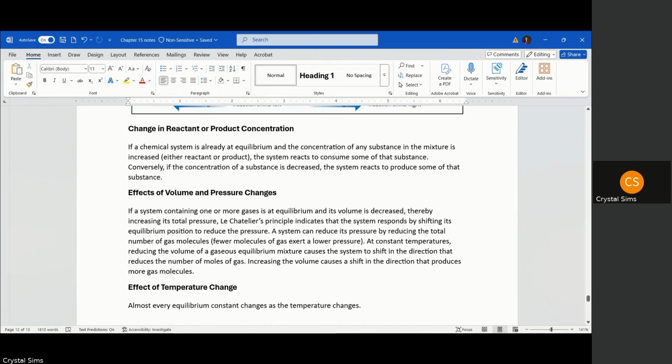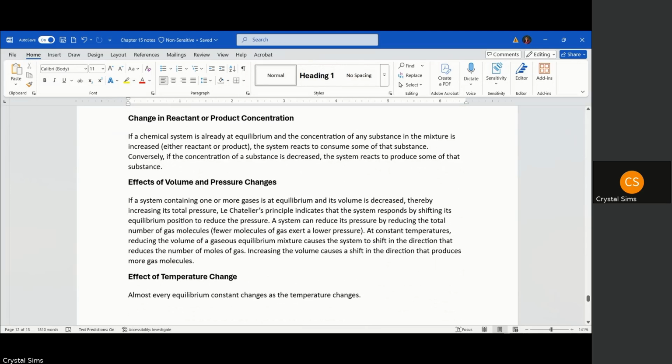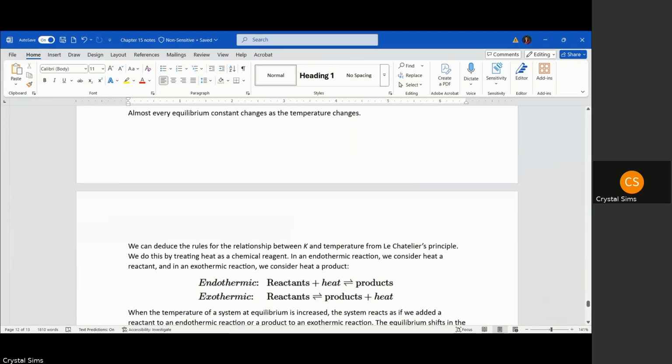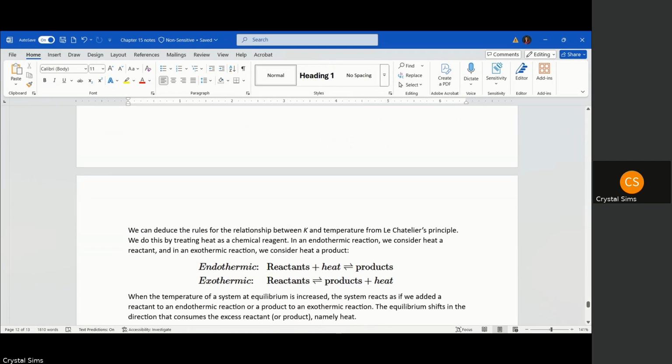And here's kind of a summary there of that diagram. And we can look at the rules for the relationship between K and temperature from Le Chatelier's principle. And again, we treat heat like a chemical reagent. So in an endothermic reaction, we consider heat a reactant, and in an exothermic reaction, we consider heat a product, right?